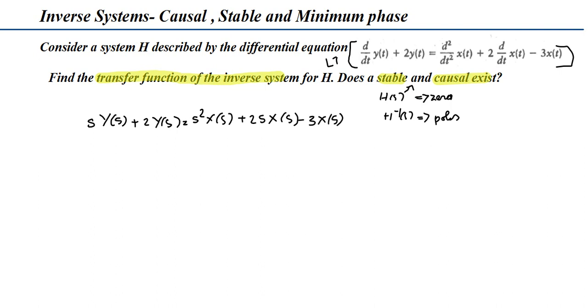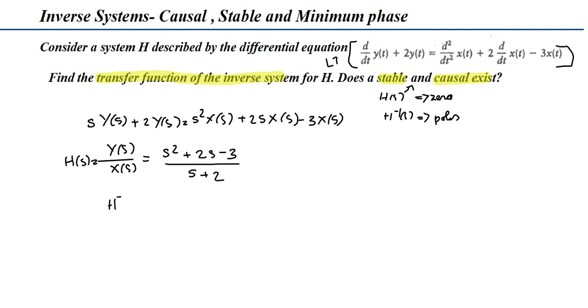You can take y of s common on one side and x of s on the other, and if you rearrange you can write y of s by x of s equal to s square plus 2s minus 3 divided by s plus 2, which is equal to h of s, because this is the transfer function. Now we have got the transfer function of the system.